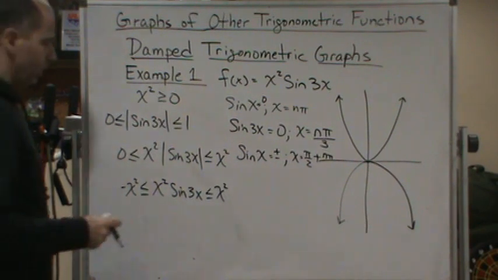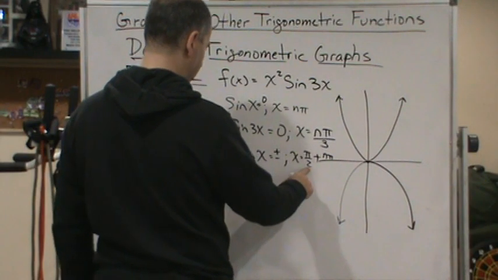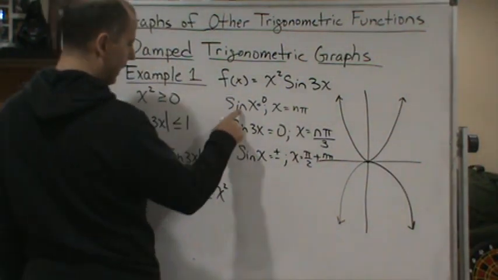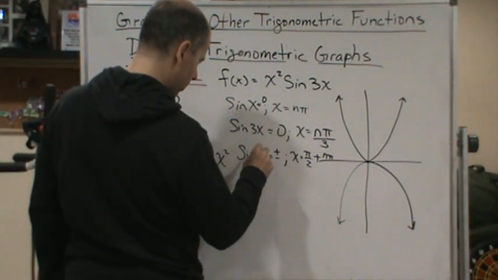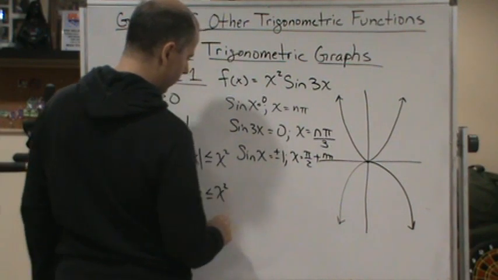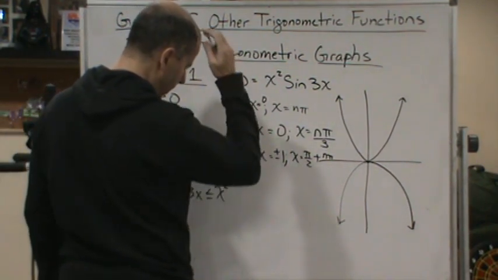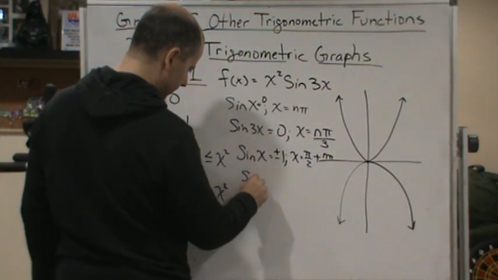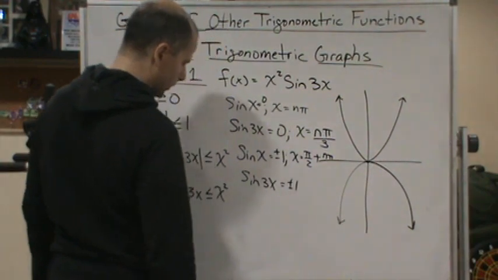So when is sine 3x equal to plus or minus 1?